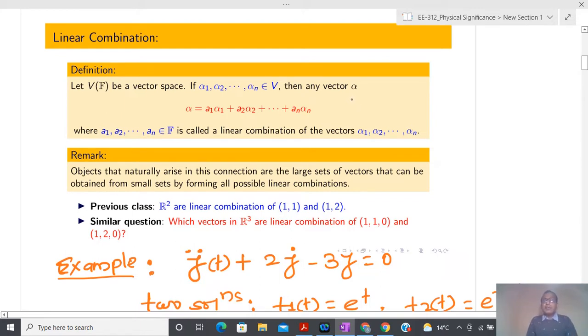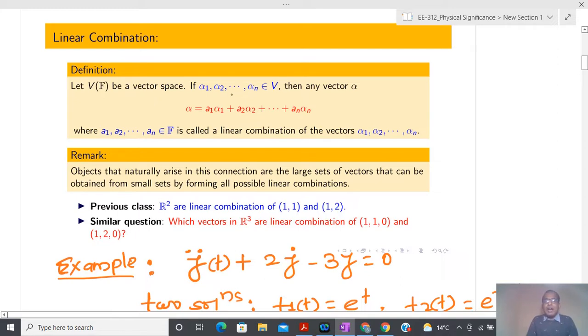Then we define two operations: the first is vector addition and the second is scalar multiplication, where the scalar is selected from this particular field. Based on that we have defined the vector space, and we checked some examples in the previous class.